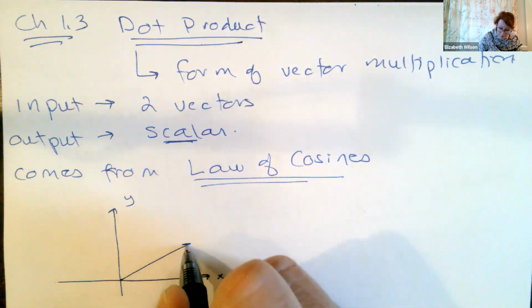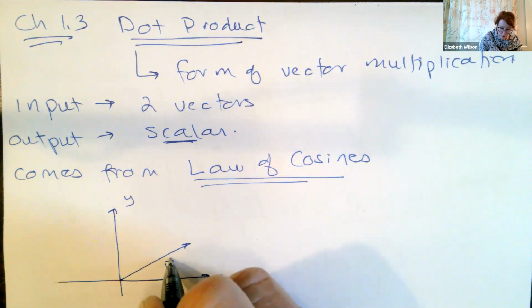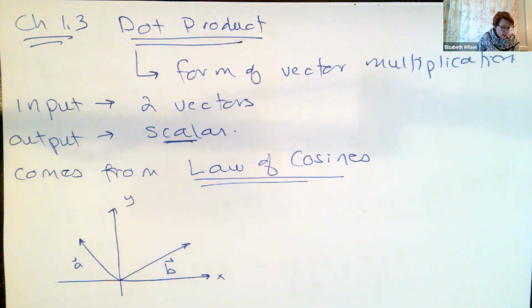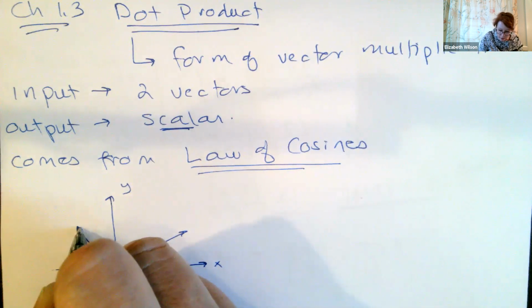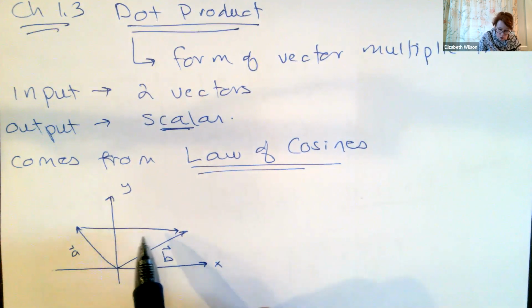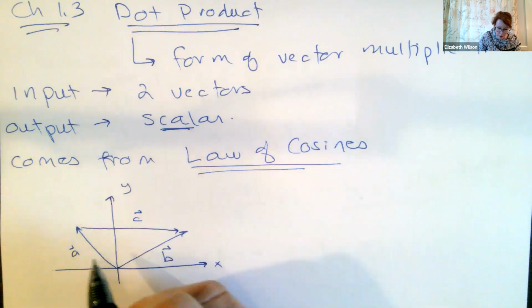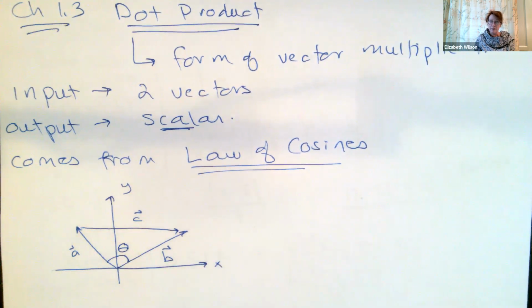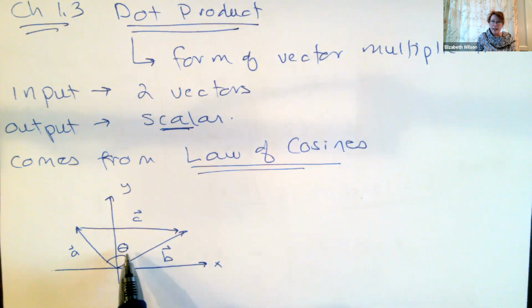Let's say I've got a vector, here's B, and here's A. I can draw a vector between these two, I'll call this C. Looking at the angle between A and B, theta is the angle between those two.